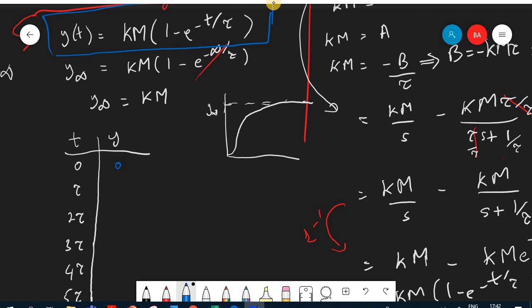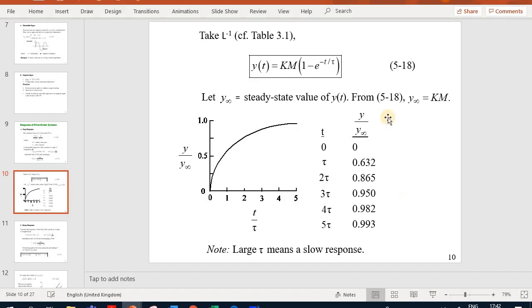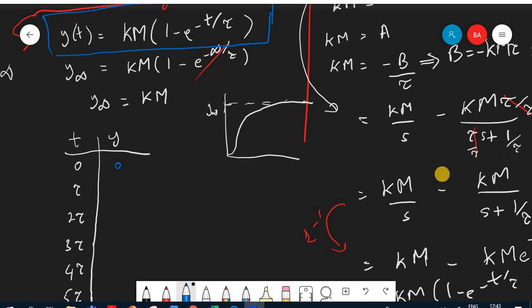For t equal to tau, what will the answer be? It will be 1 minus e to the power minus 1. I already have the values, and I can show you in this slide. At 1 tau, 1 minus e to the power minus 1 is 0.632, actually 0.632 km.